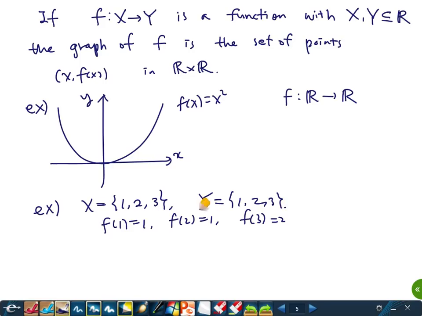Then this is a function from X to Y. Now what is the graph of this function? So we have 1, 2, 3 and 1, 2, 3. We put a point at (1, 1), then (2, 1), then (3, 2). So this is the graph of this function. You just put the dots there.